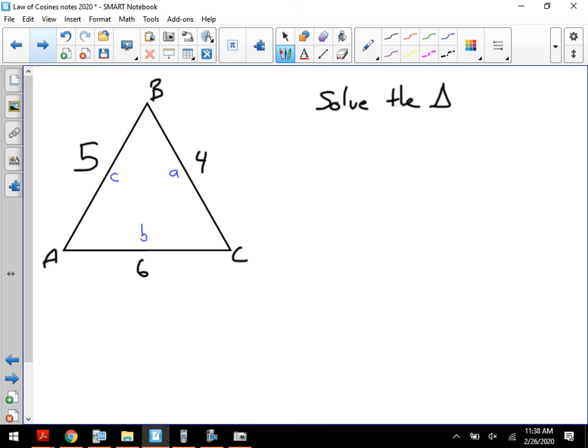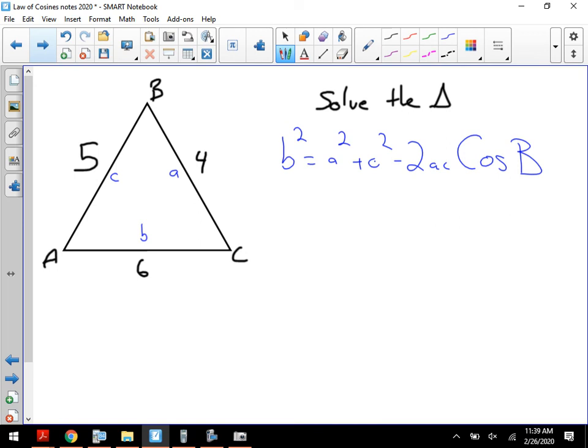So my largest angle here has to be angle B because the longest side length is across from it. So I'm going to write out the equation in terms of B first. b squared is a squared plus c squared minus 2ac cosine of B. We're trying to find big B. So that means we know everything else but that.